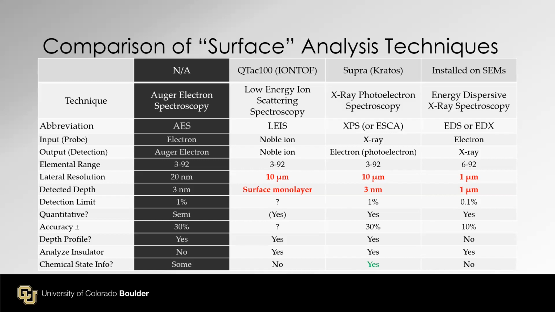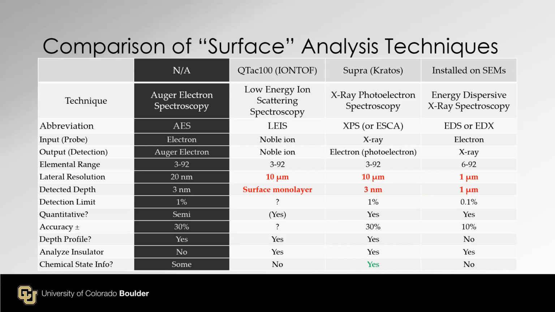And the surface damage. So yes, we can focus the electron beam into a very small probe size, like 20 nanometers, but the damage to the surface is significant. So that's the main reason why this technique cannot do well with insulators or poor conductors.